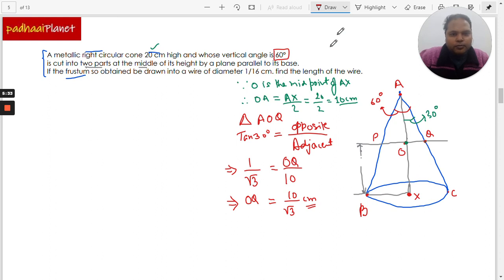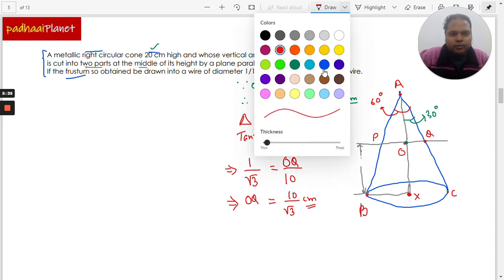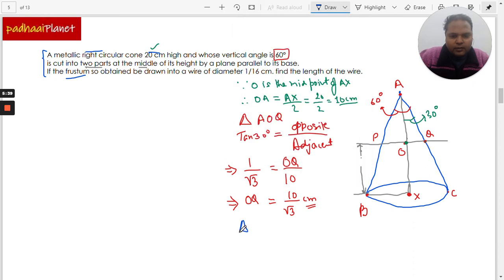So let's consider triangle ABX, and this time tan 30 degrees is equal to opposite upon adjacent, right?